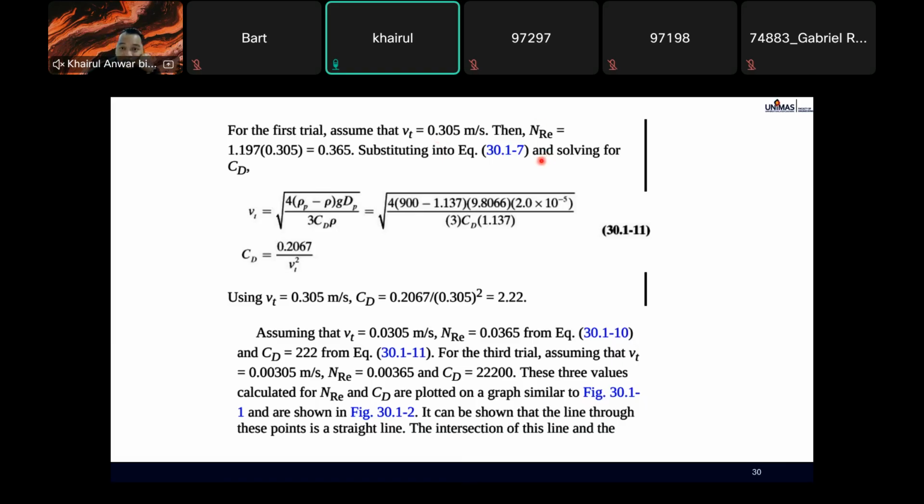Substituting into the equation for CD: CD is not available, CD is also in VT. This is 30.1-11, CD equals 0.2067 over VT square. VT is what we assumed, so CD equals 2.22.